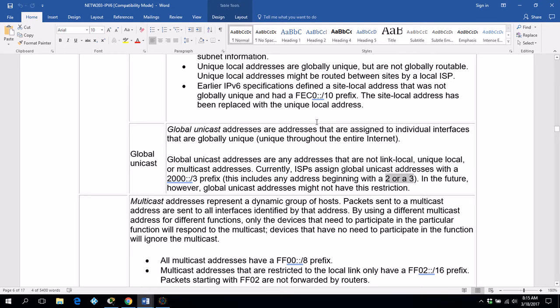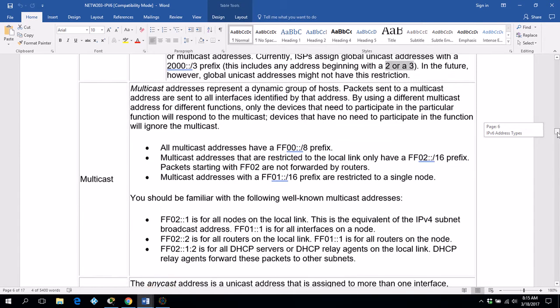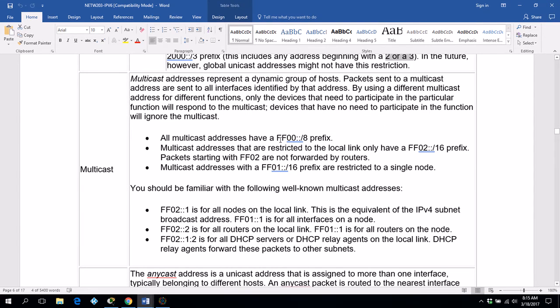Okay. A multicast address always starts with FF. Since we do not have any broadcasting with IPv6, that's another benefit of having IPv6, we're going to use a multicast address to simulate a broadcast address. So there's no special address with .255 to broadcast to everyone in the network. Multicast means that you're sending a packet to multiple users in a LAN.